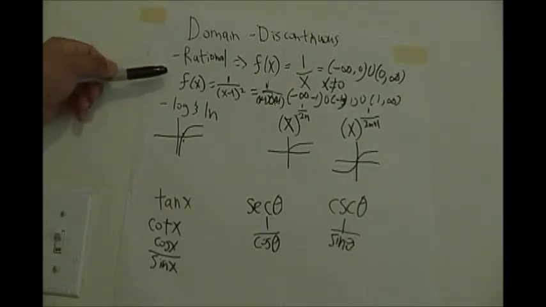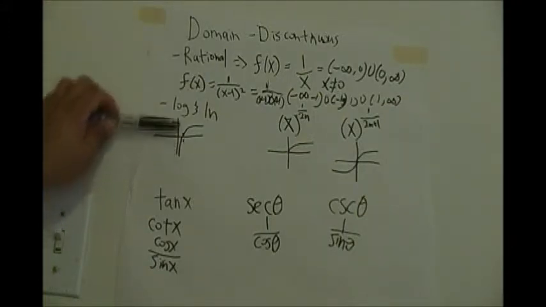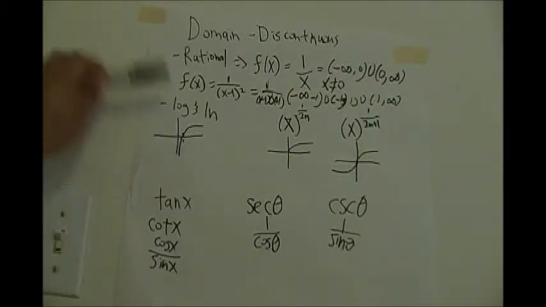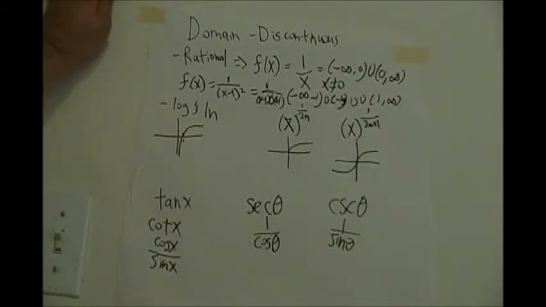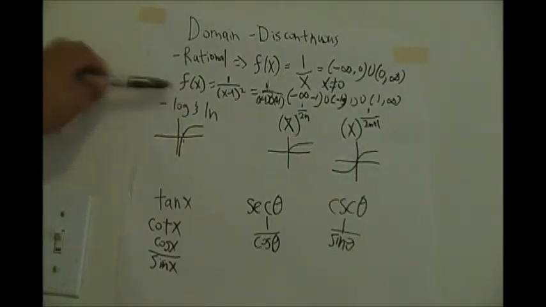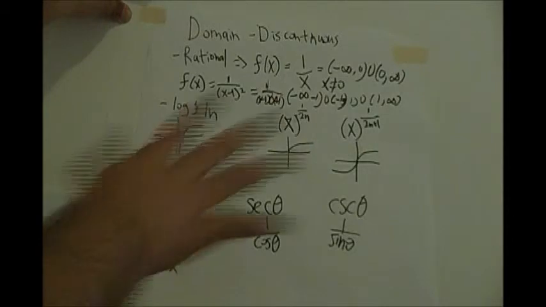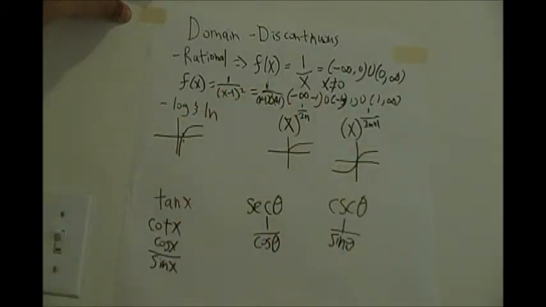But the range is not all values of y, because it's going to be from 0, not including 0 because there's an asymptote there, to infinity. In an inverse function, the domain of the original function becomes the range of the inverse, and the range of the original function becomes the domain.